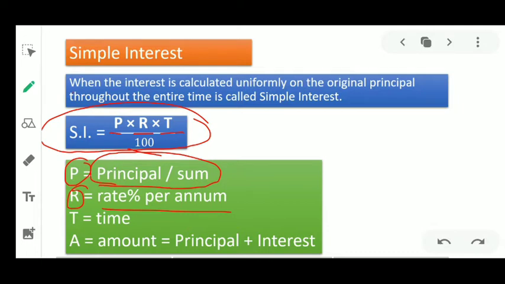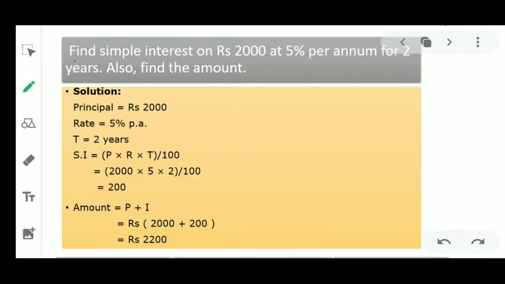And T stands for time, that is 1 year, 2 years, 3 years. These are examples of times. And A stands for amount. When we add principal and interest, we'll get the amount. Clear?